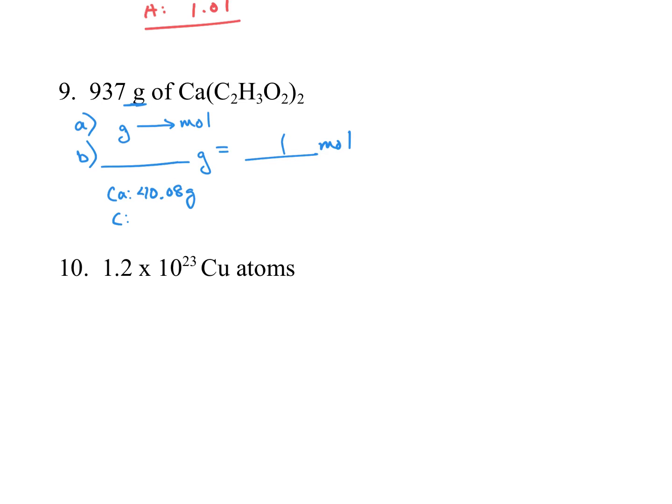Now, this next part can be a little tricky because you've got subscripts inside the parentheses and subscripts outside the parentheses. But apply this subscript correctly to get the fact that there are 4 carbons, 6 hydrogens, and 4 oxygens.